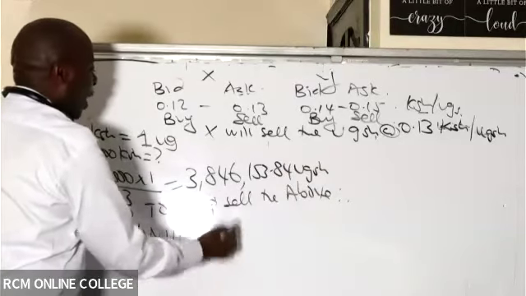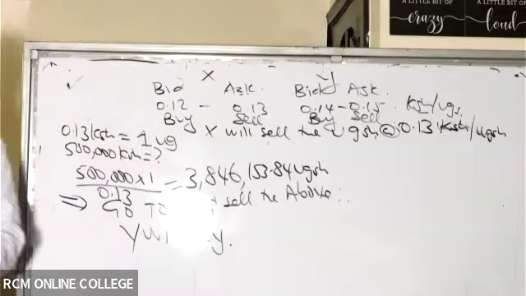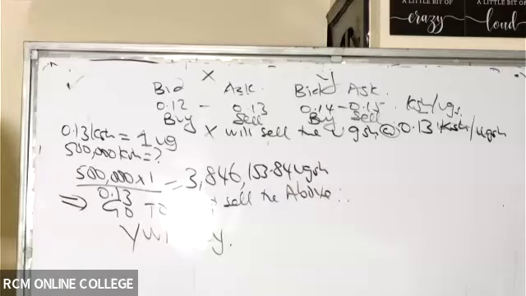Y will do what here? Y will buy. Let me adjust my light a bit. So Y will buy at what rate?